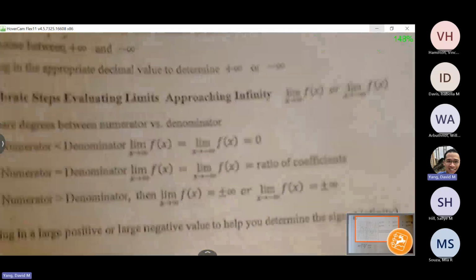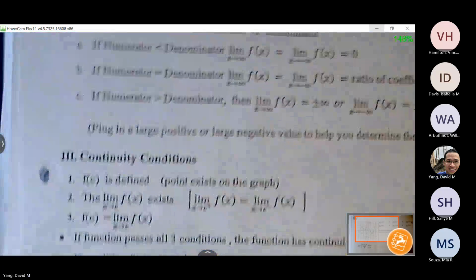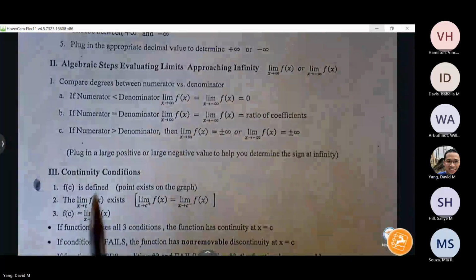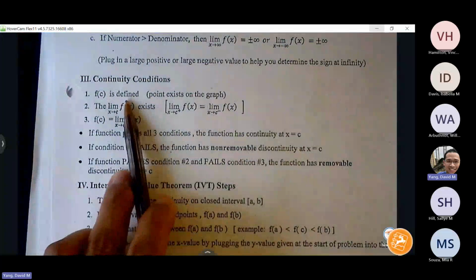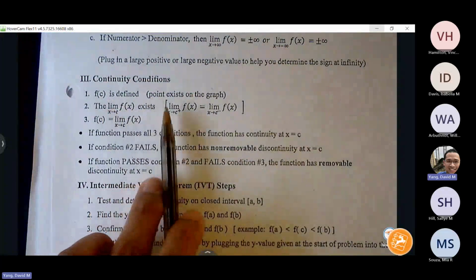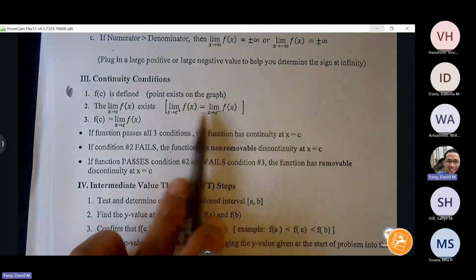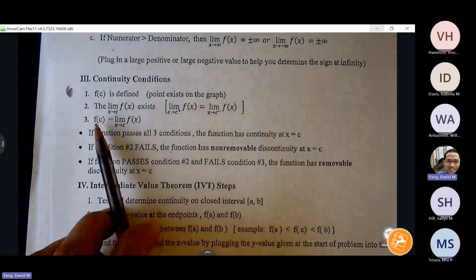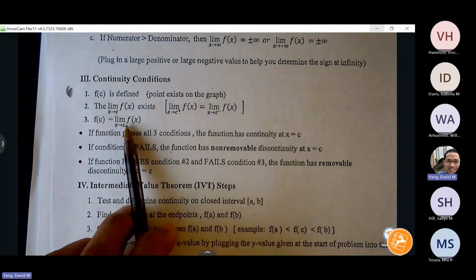I have on page 9 a summary sheet here. The first condition is, does the point exist? The second condition is, does the limit exist? Sometimes we got to do one side limit. The third condition is saying, does the point live where the limit lives?